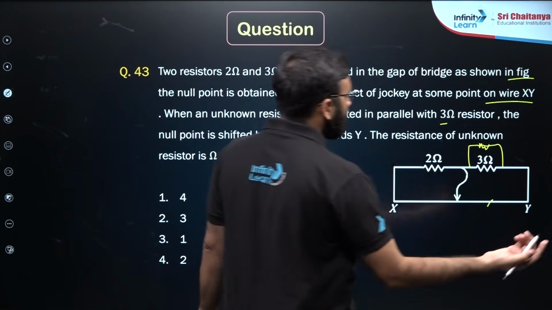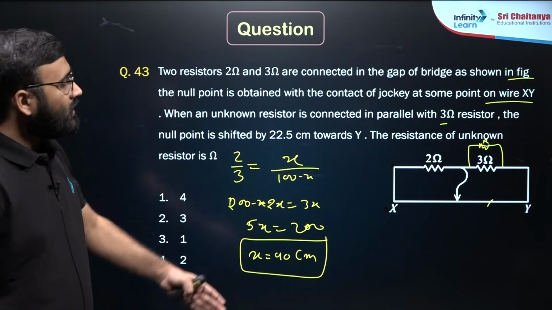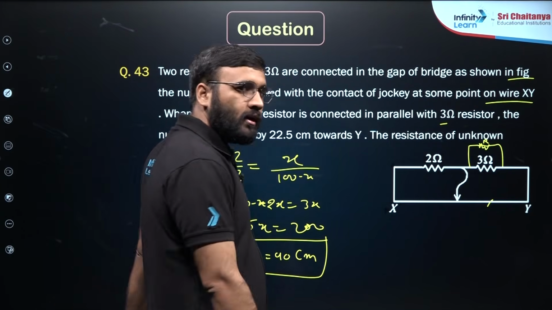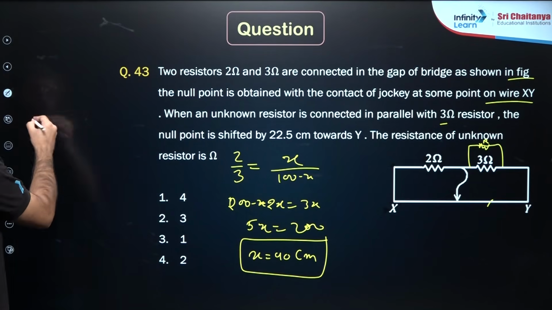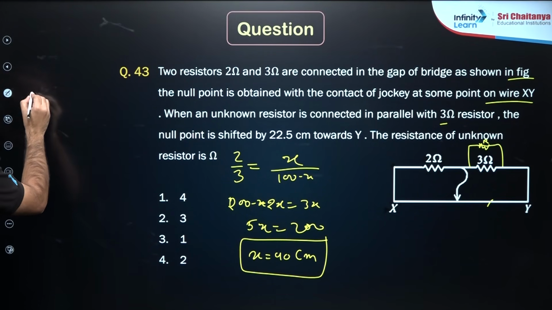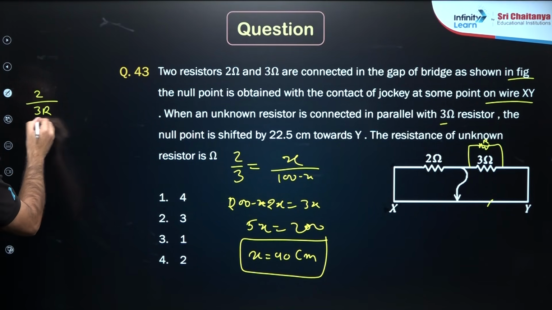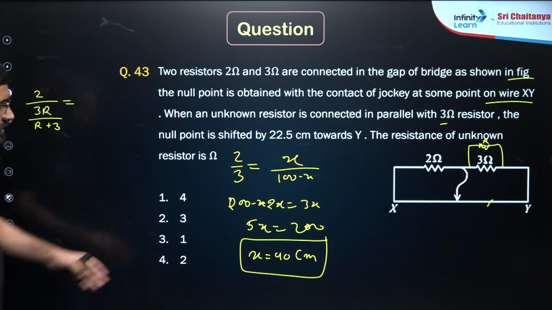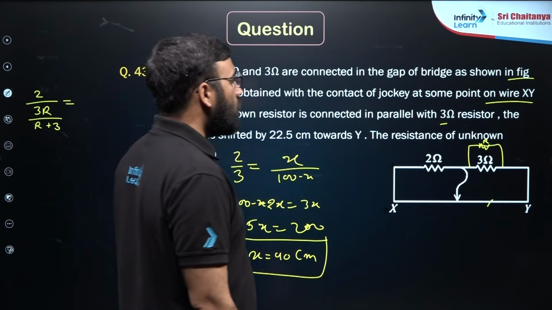When we are connecting this resistance, I will just consider R. Okay, so both are in parallel. So how can we find the R equivalent? R1 R2 divided by R1 plus R2. Okay, so I am writing again the same condition of null point. So that is my 2 divided by 3R divided by R plus 3 equals to, initially 40 centimeter, and it shifted towards y by 22.5.